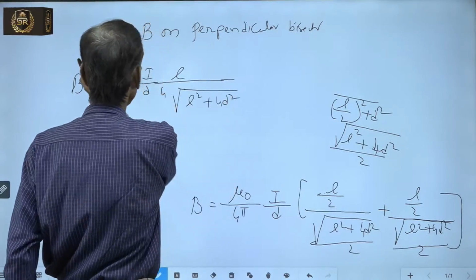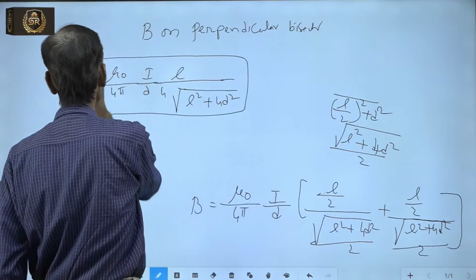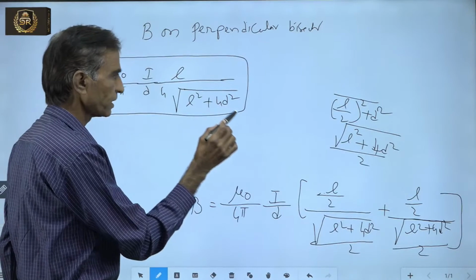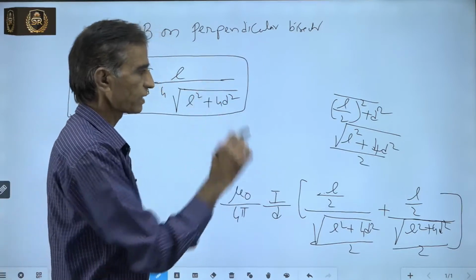This will be on the perpendicular bisector of the conductor. Okay. So, that is our magnetic field on a perpendicular bisector.